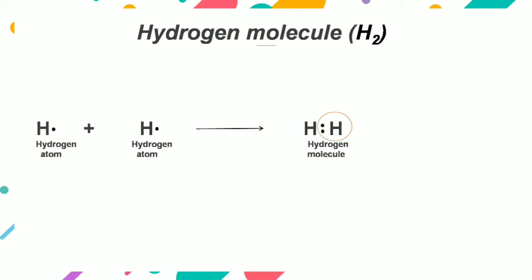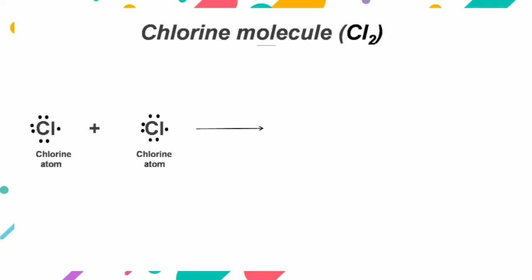The complete duplet can be shown by encircling the symbols of both atoms along with electrons belonging to them, and the shared pair of electrons are placed in the common area of these circles. And since a single pair of electrons is shared between hydrogen atoms, we can also write it as H single bond H.